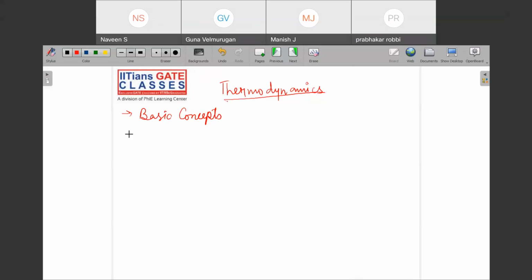So the first thing is basic concepts. Here we will understand the basic things which we should be aware of before analyzing any thermodynamic equipment and all. Okay, and the second thing we will move to is the zeroth law, and then we move to the first law of thermodynamics.